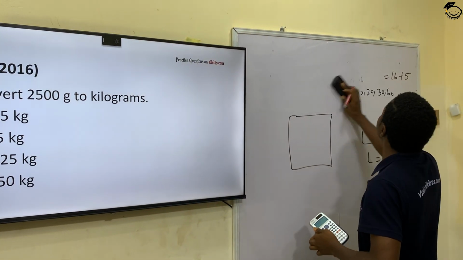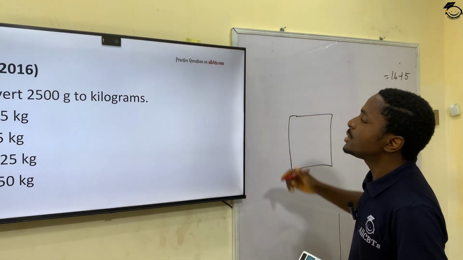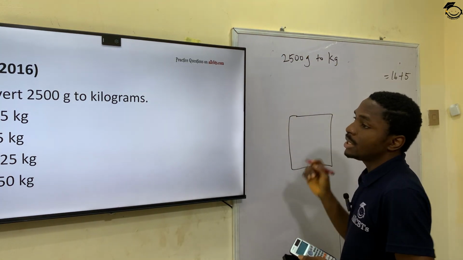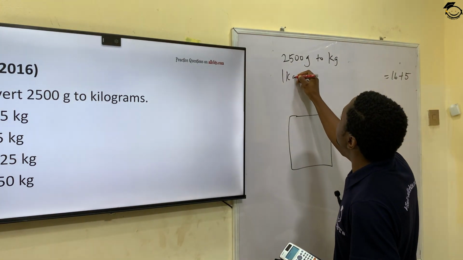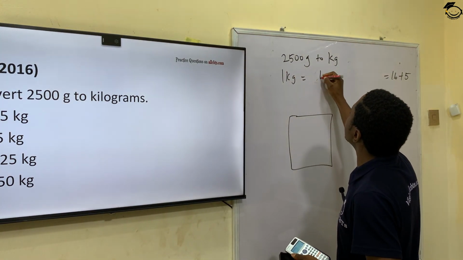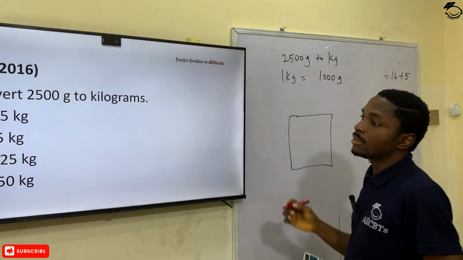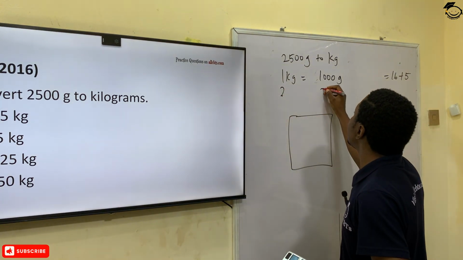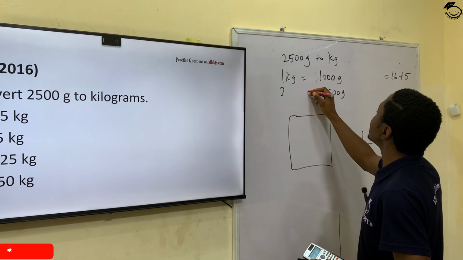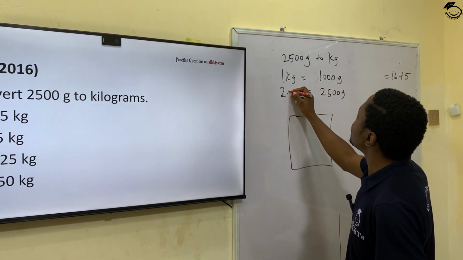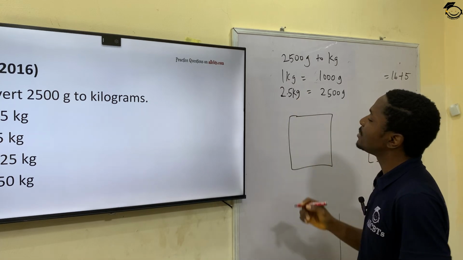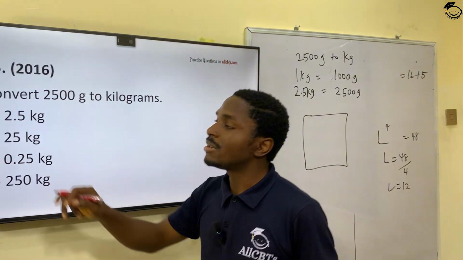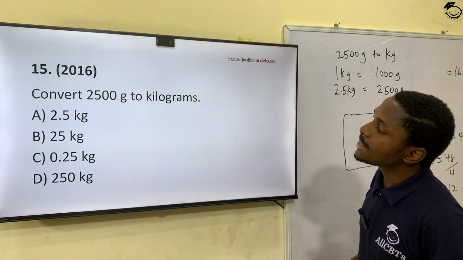So 2,500 grams equals what? We bring it to this side. It's just 2,500 divided by 1,000. So 2.5 kilograms.